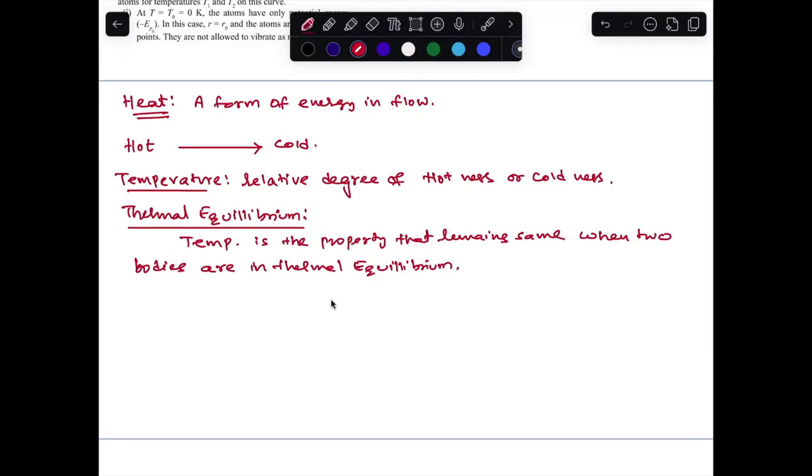Okay, that is the introduction to temperature.